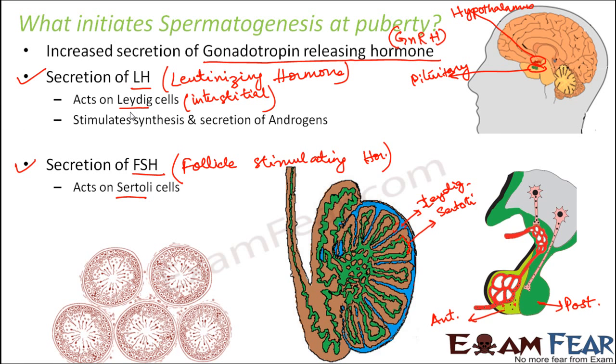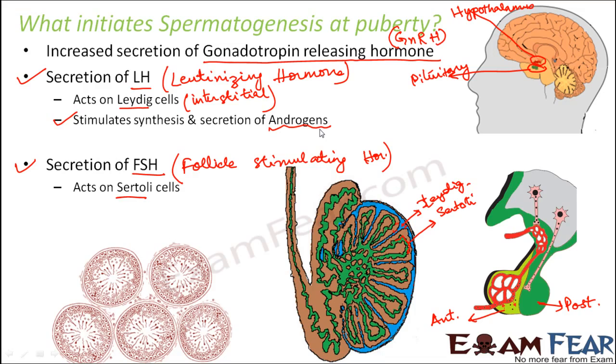The Leydig cells are responsible for synthesis and secretion of androgens. When LH acts on the Leydig cells, a lot of androgen gets produced. Androgens control the male sexual behavior and the male sexual accessory ducts and glands, so basically they control the functioning of the male reproductive system.